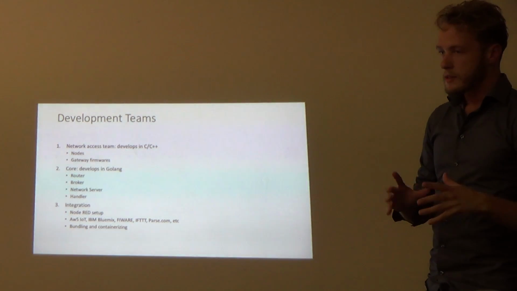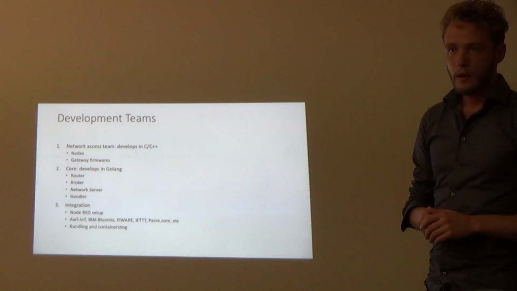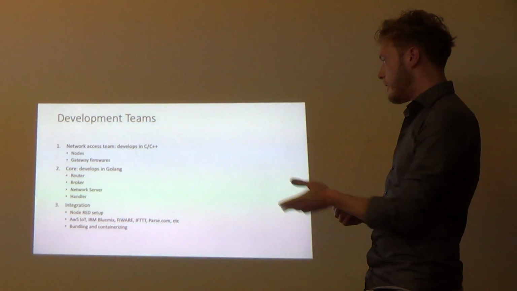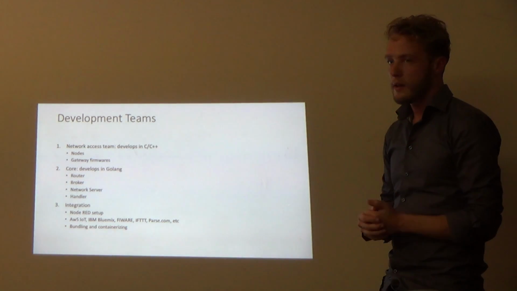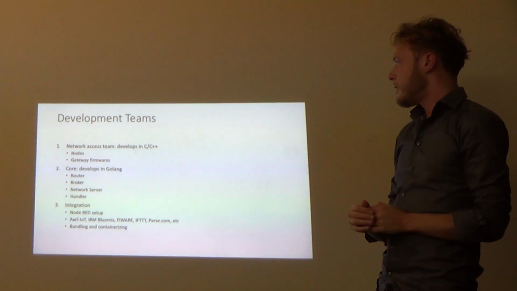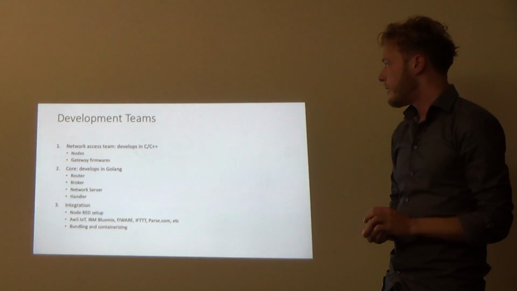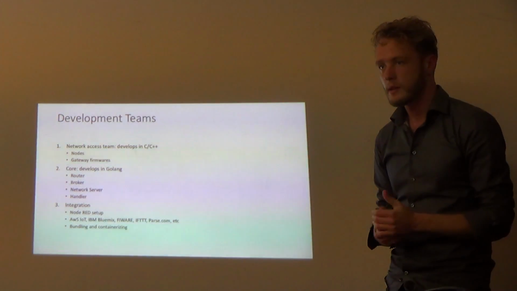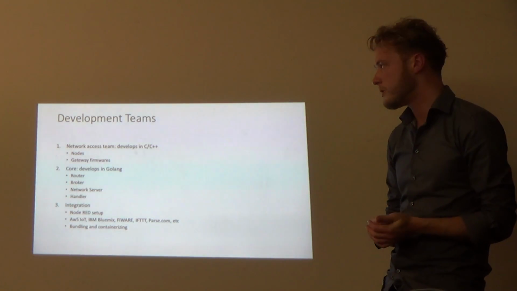For example, have meetings, but it can also be working with people who work remote. One of the guys that are in this network, for example, in the second team is in San Francisco now, so there's a lot of remote working as well. So the first one would be people that develop more on the network access level, so it's the gateway firmwares and the nodes.